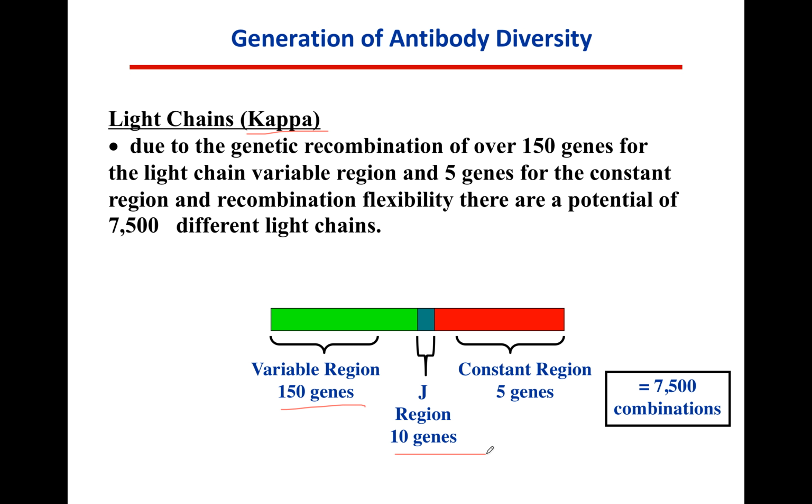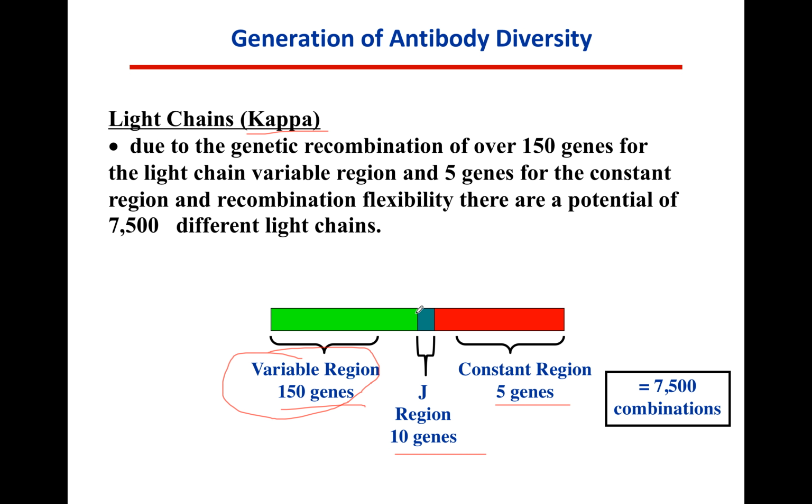There are genes for the joining region that joins the variable region to the constant region. There's less diversity in the constant region. And so there's a number of different combinations. If we were to multiply all of this together, we would get 7,500 different combinations. And so most of that variation is occurring with the variable region here.